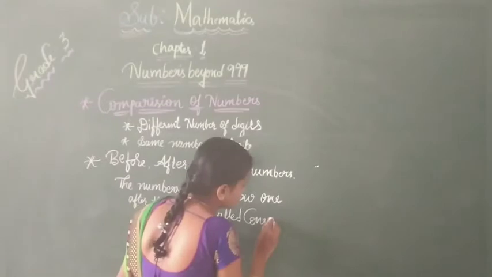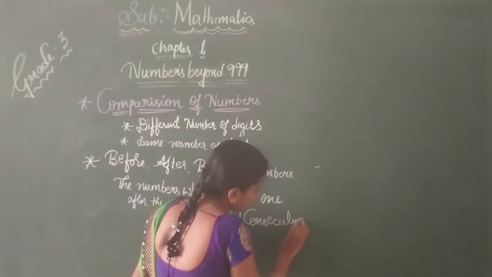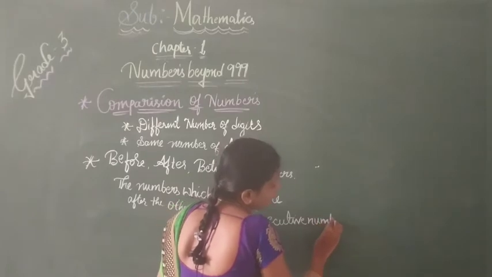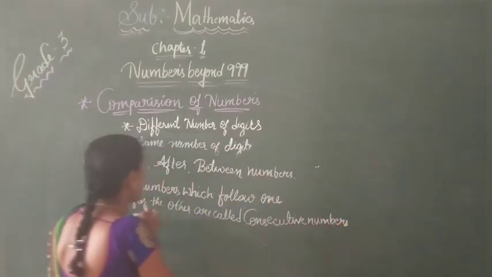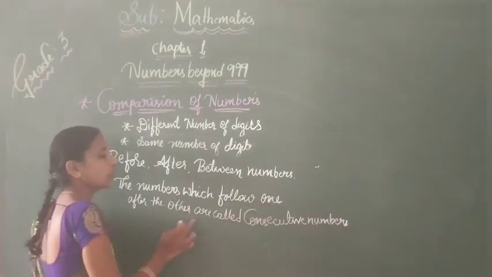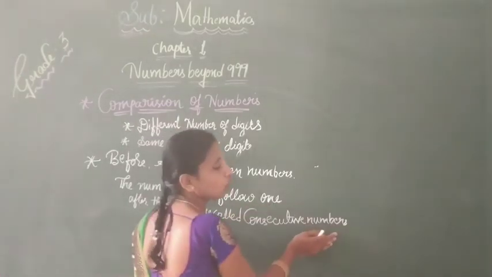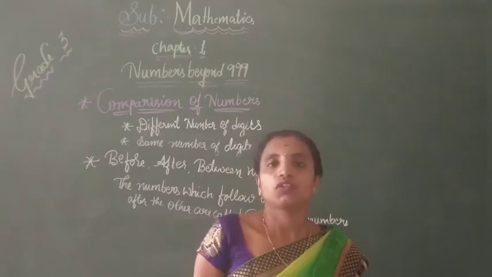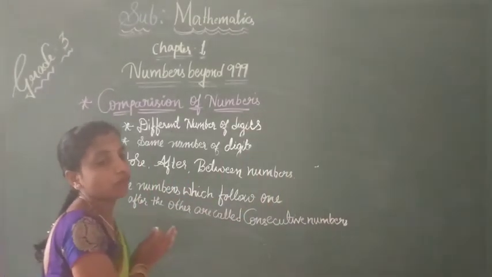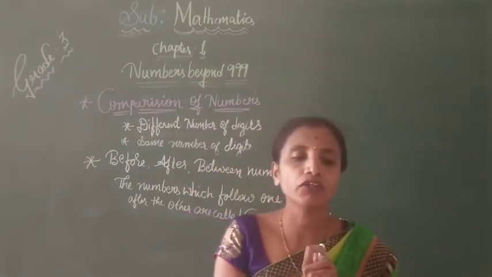Consecutive numbers. Which numbers? Consecutive numbers. Clear? The numbers which follow one after the other are called consecutive numbers. Clear? Next. What is a before number and what is an after number?